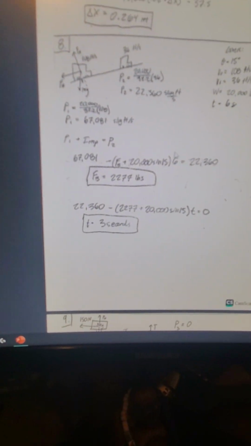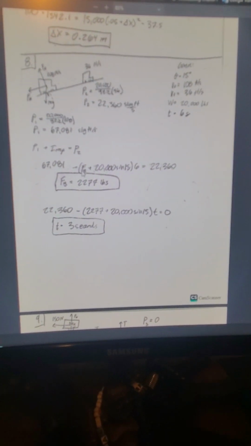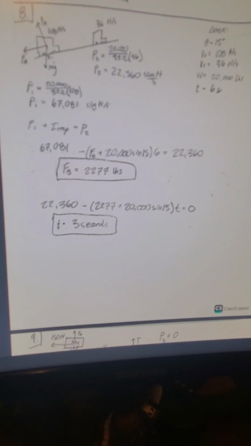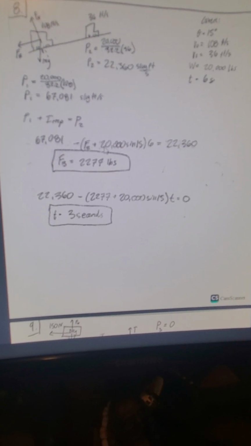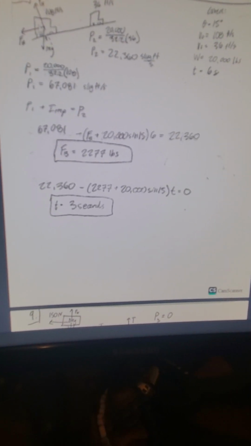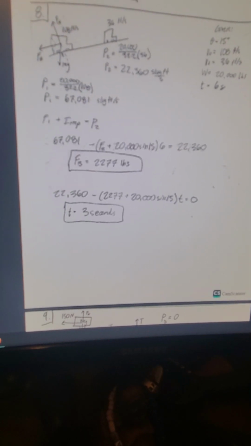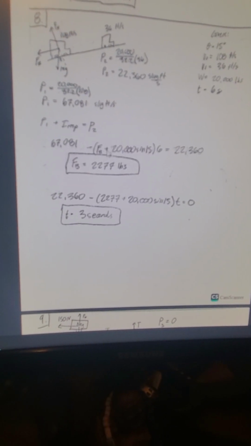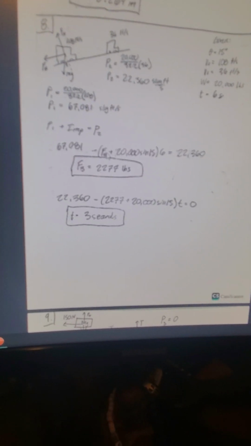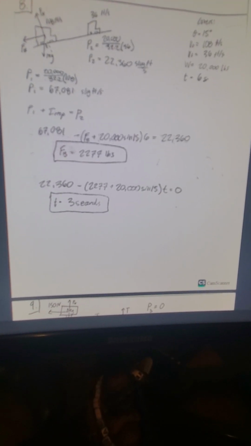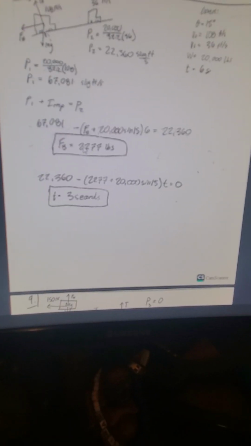It says it takes 6 seconds for it to slow down, and we know that it's slowing down, so the momentum is decreasing. So that means this impulse has to be negative because it's taking energy out of the system. So you have gravity pulling down and the braking force. You can just solve for the braking force that way pretty easily.